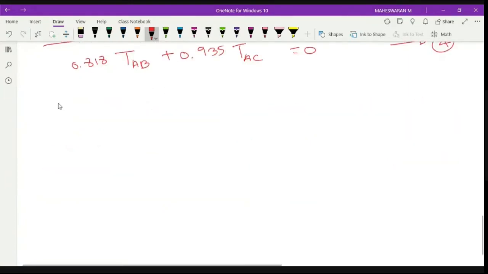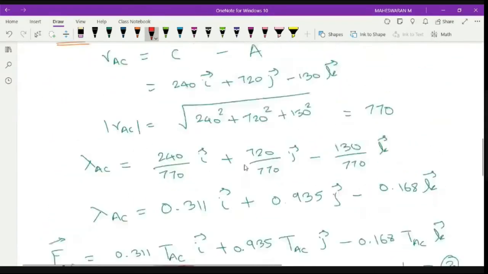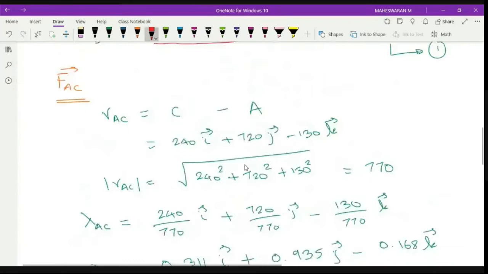Next, I am going to equate sigma Fz is equal to 0. Add all my k vectors, right?